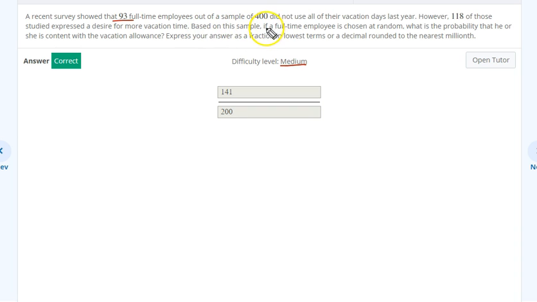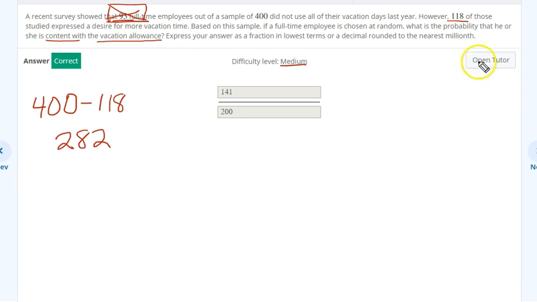Based on this sample of full-time employees, if chosen at random, what is the probability that he or she is content with the vacation allowance?